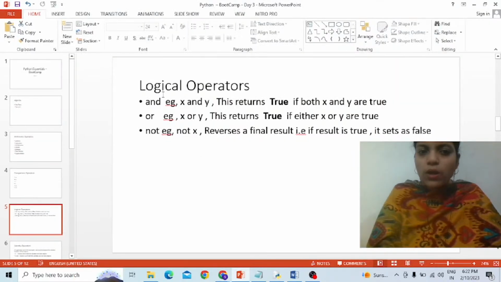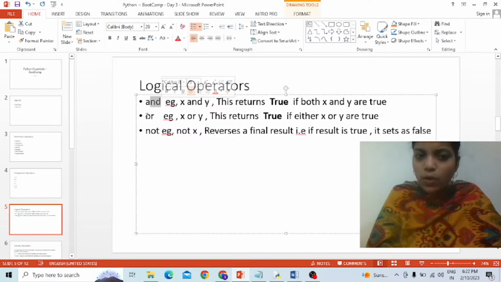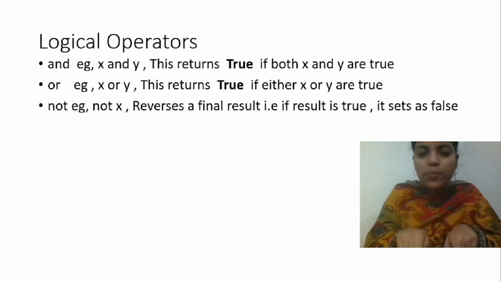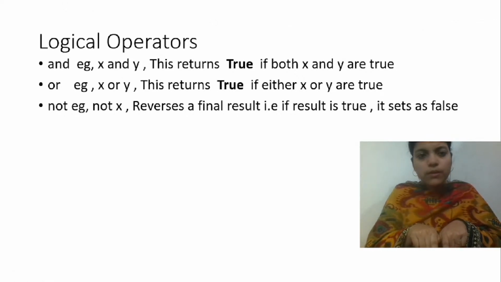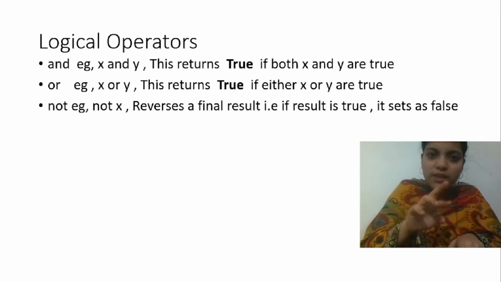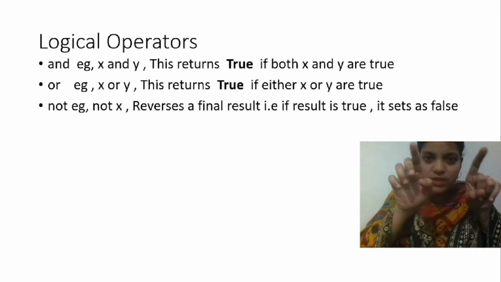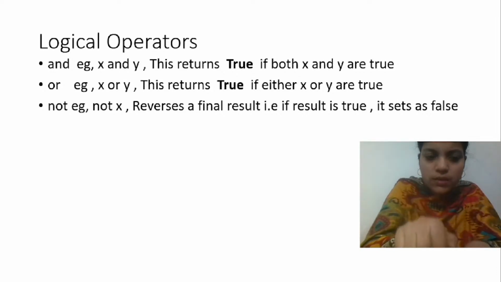All right. So that's all about the logical operator AND and logical operator OR. The last logical operator which is remaining in this category is the NOT operator. Sometimes we prefer to call it a negation operator also, because it reverses the final result. Whatever is the final output, it reverses.